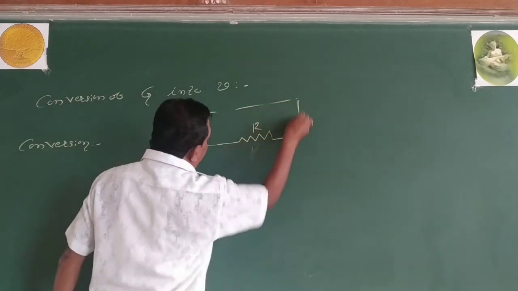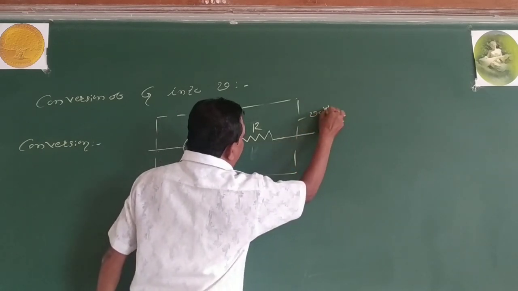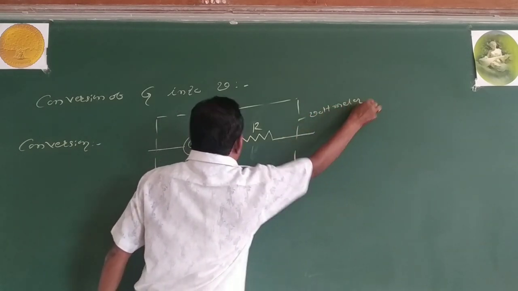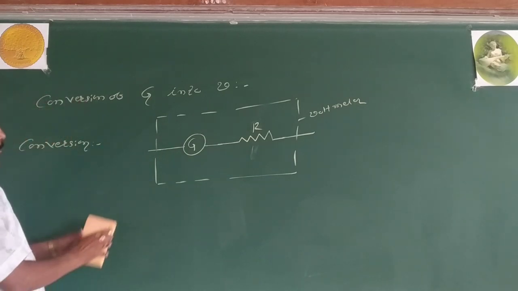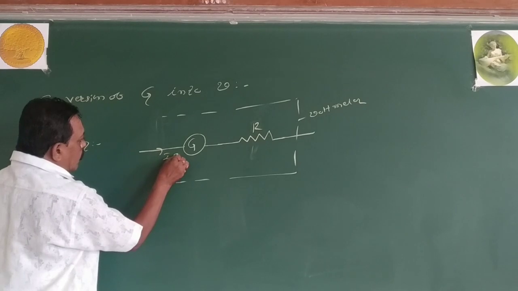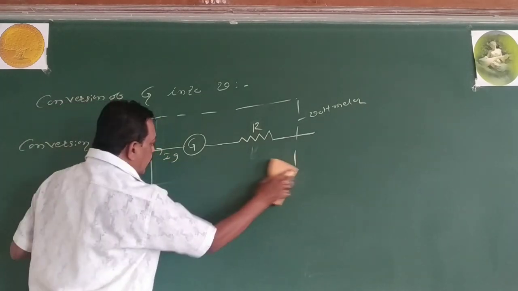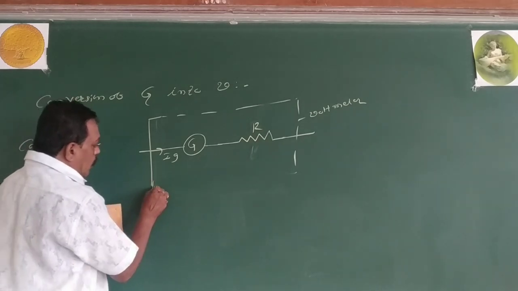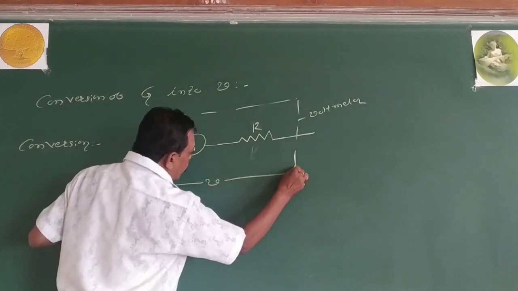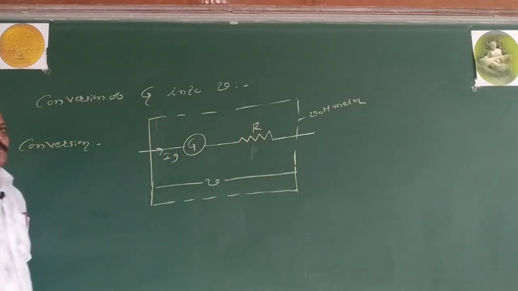Voltmeter. Now this combination is acting as a voltmeter. If I pass current through the galvanometer, Ig is the current through the galvanometer, and V is the potential difference measured across the device. Now this is my conversion.